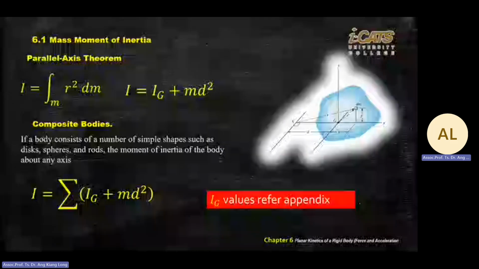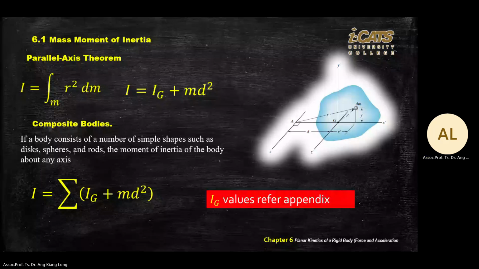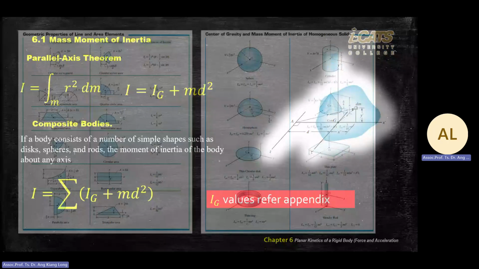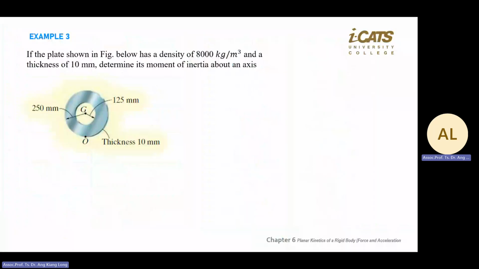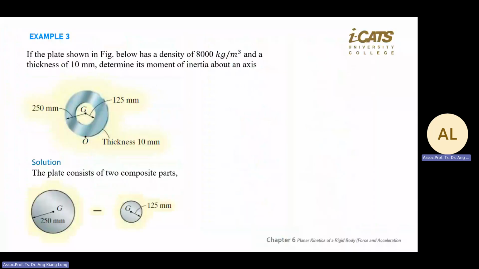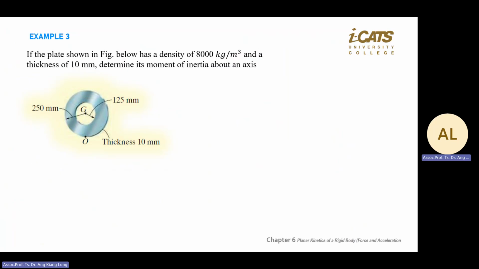Then you imagine how you combine the shapes of the body. Previously we covered this one, and from this photo you have the O and the G. Again, you only need Ig plus md square. For Ig, refer to the appendix. You look at the shape, and then the axis. The important thing is the axis. For example, this ring is not the thin ring but this plate.